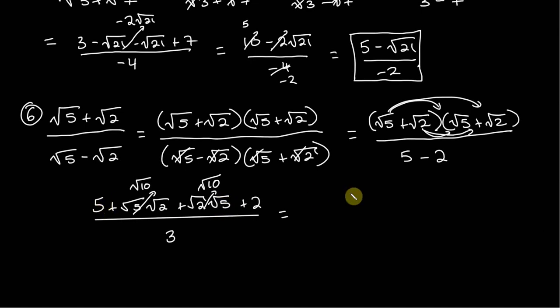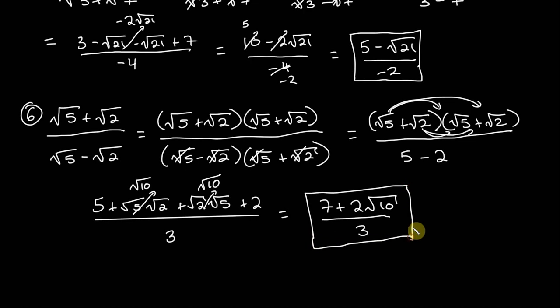Okay, so all of this can then be simplified as we've got a 5 here and a 2, so 5 plus 2 is 7. And then it's going to be plus 2 root 10. Okay, root 10 plus root 10 is just 2 root 10. And then all of that over 3. And it doesn't look like we can simplify this any further, so I'll just box it off. And we're done.